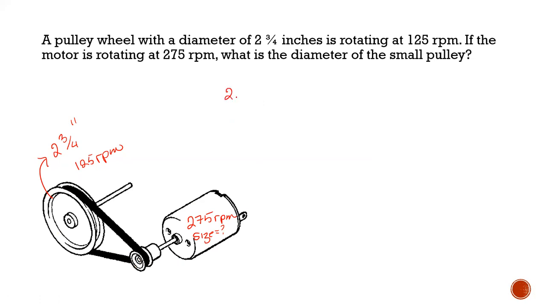So 2.75, easiest just to switch them to decimals, times 125 is equal to the size of the motor pulley. Let's call this A, and I'll call this one B. So B size times 275.